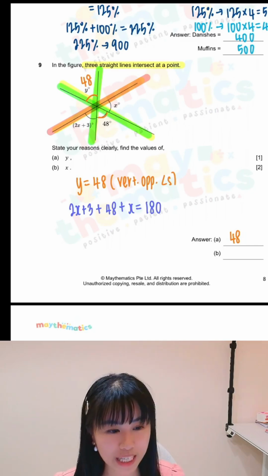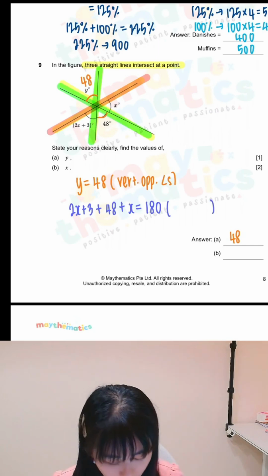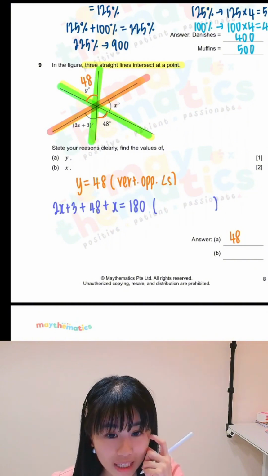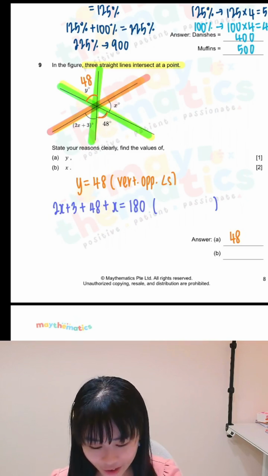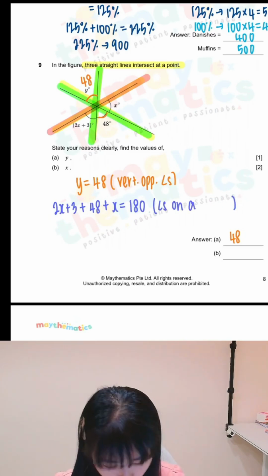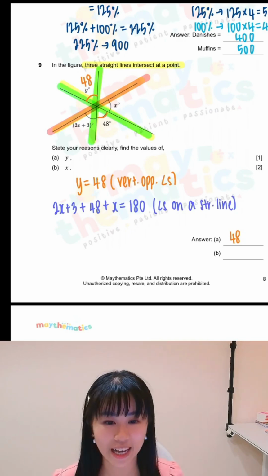Tell me what's the property here? I add everything up to become 180. More importantly, I want the reason. Angles on the straight line, very good.